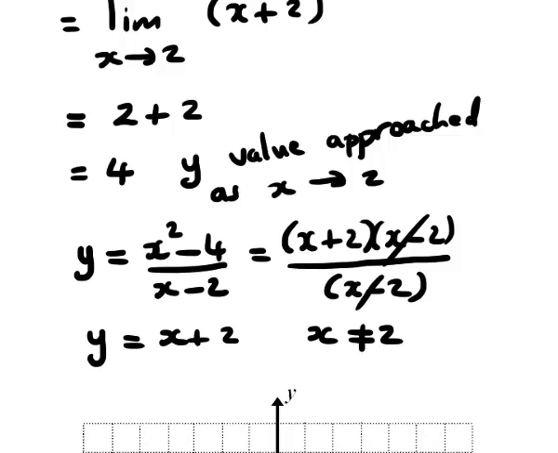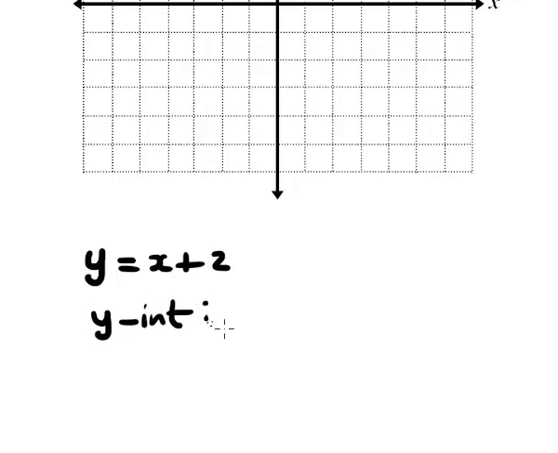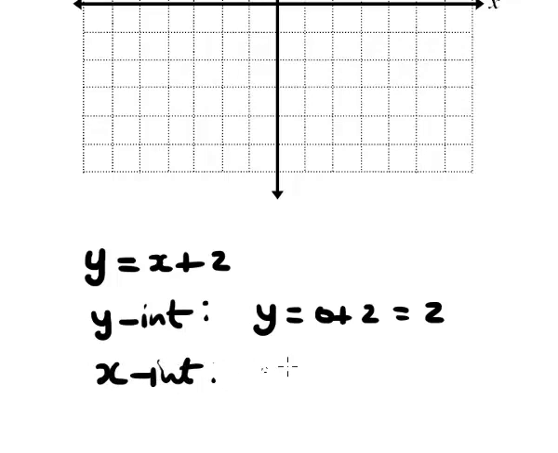Well, I've got a grid here, so let's have a look at this. But I'm just going to go below the grid, and let's sketch this line. It's a straight line graph. What is the y-intercept of this line? Well, for the y-intercept, we let x be equal to 0. So the y-intercept is 2. For the x-intercept, we let y be 0.